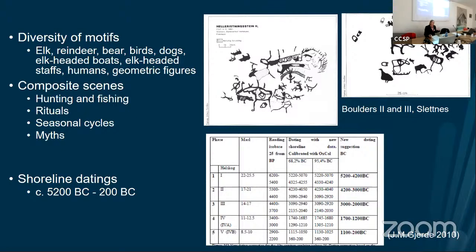And again, by shoreline dating, we can see that some of the first images in this tradition starts from just before 5000 BC and continues until just before BC. So again, there is a slight overlap between these two traditions that we have here, but generally there is an older one and a later tradition.